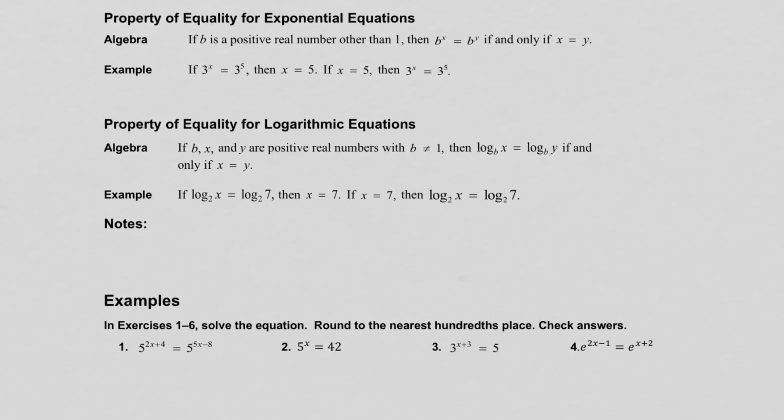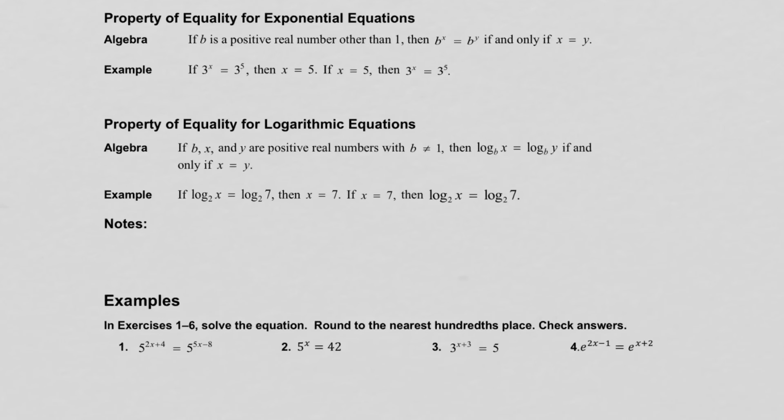For example, if log base 2 of x is the same thing as log base 2 of 7, then it stands to reason that x is equal to 7. Or if x is equal to 7, then we know that log base 2 of x is equal to log base 2 of 7.